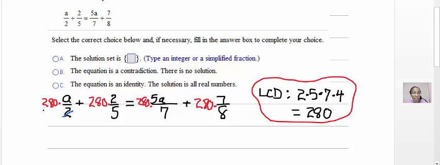So 2 divides into 280 140 times. 5 divides into 280 56 times. So what this does is it clears all of these denominators.